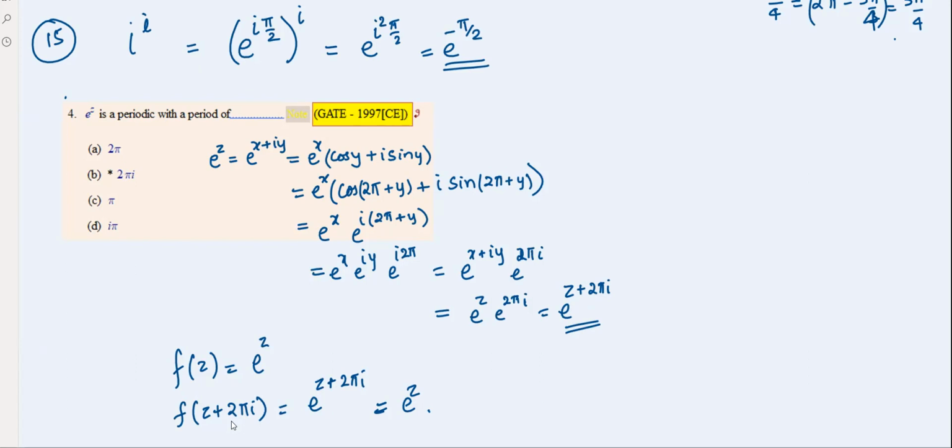So we get that this function is periodic with period 2 pi i. So this is an important question. Fundamentals of functions. This is an important question. Please note the solution.